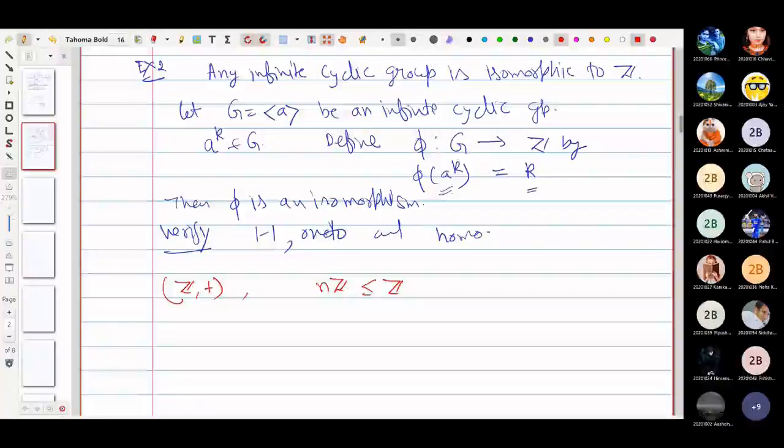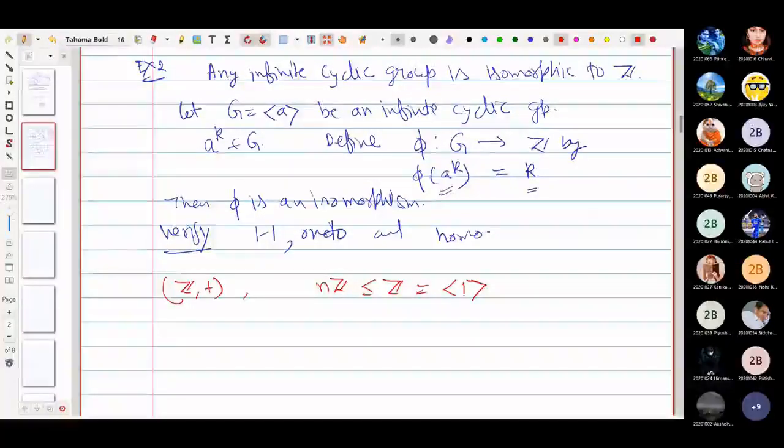For any integer n, this is a subgroup, and Z is a subgroup of Z. Fine, and Z is cyclic, an infinite cyclic group. And what is the generator of Z? 1 and minus 1. Yes.